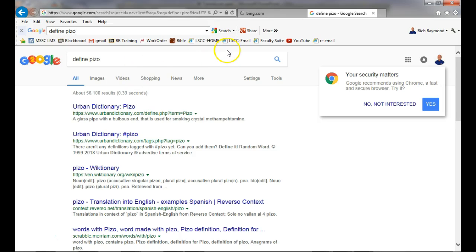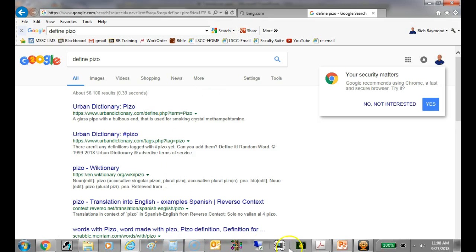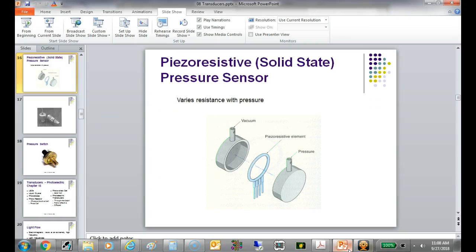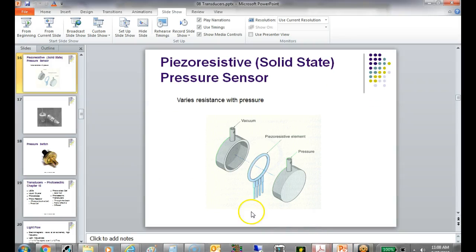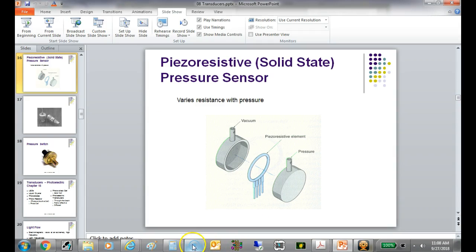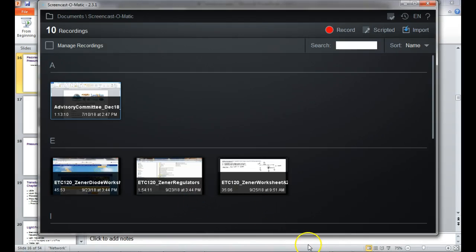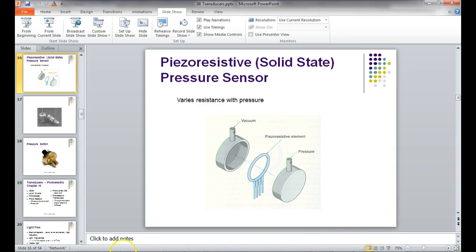Okay, I don't see it. Did I spell it right? Yeah, okay, no, I didn't spell it right. No wonder. Yeah, I should have known that.